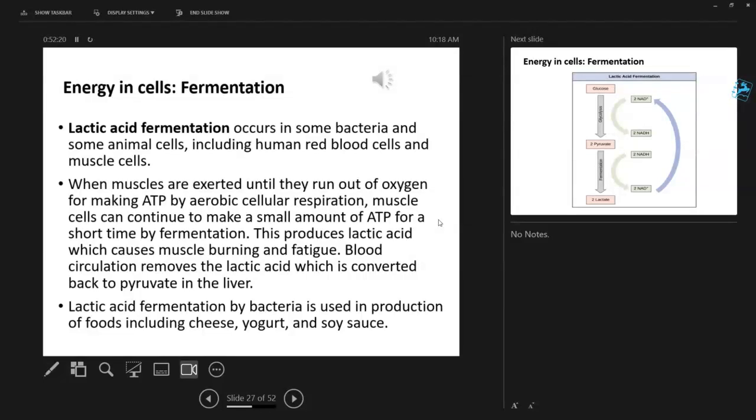That's better than nothing, but not much better. But it'll keep your muscles going a little bit longer after they're running out of oxygen.